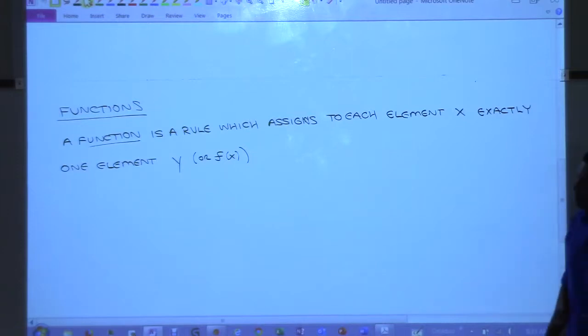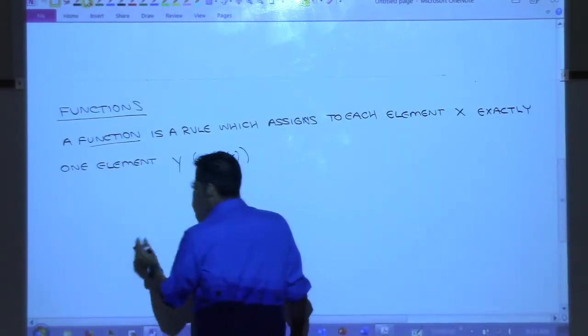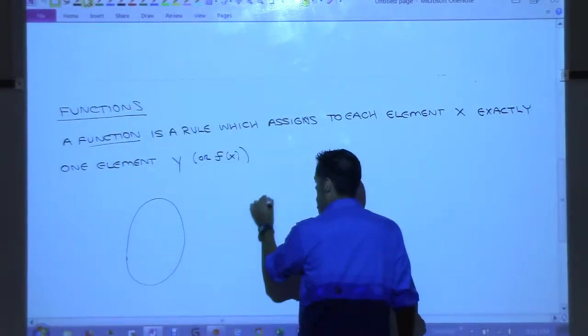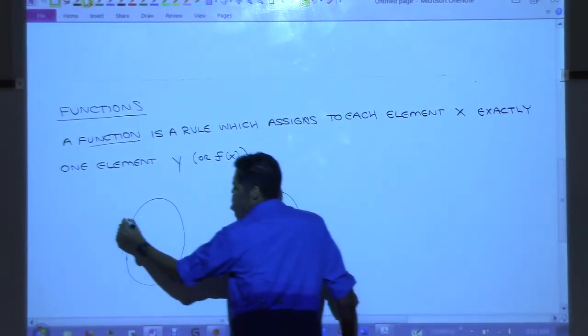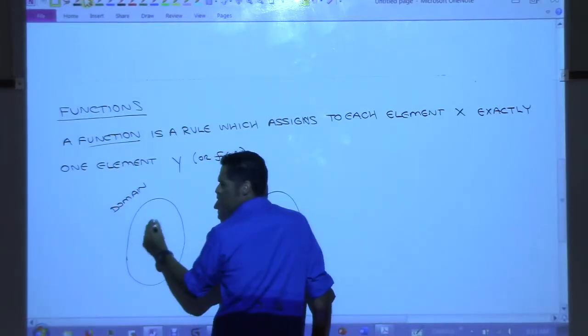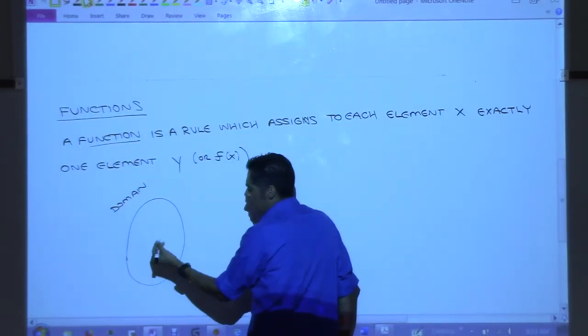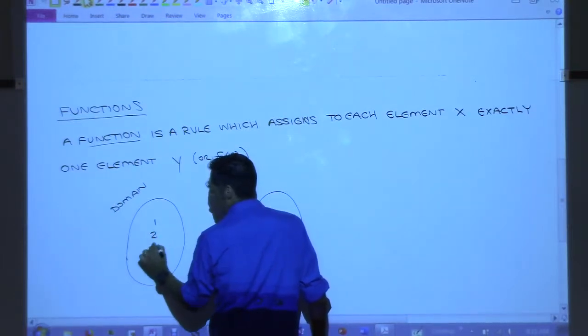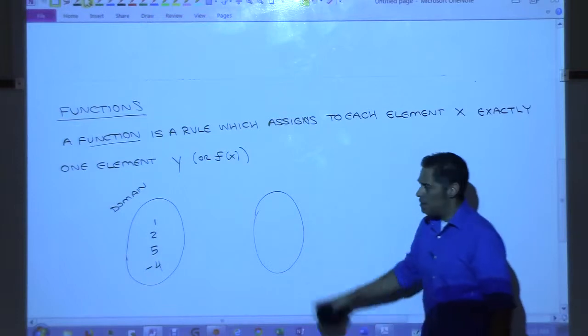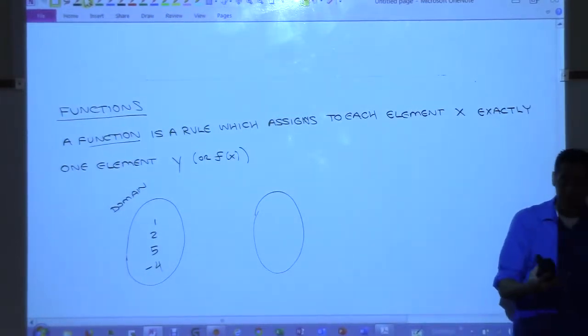Okay. So visually, what a function does, this is the common notation we use for it, is we've got this set over here, which we call the domain of the function. And these are just numbers in here, all right? So for example, the numbers 1, 2, they can be anything, 5, -4. Those numbers are what we call the domain of the function.